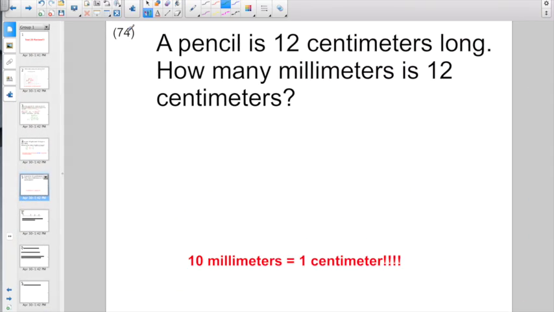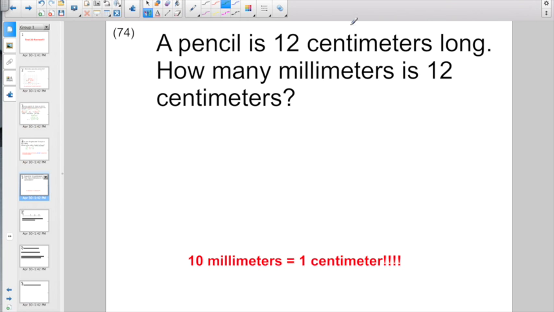One coming at us from lesson 74 saying a pencil is 12 centimeters long. And they want to know how many millimeters is 12 centimeters. Well, if you don't know off the top of your head, you could go back to lesson 74 and find out that there's 10 millimeters in 1 centimeter.